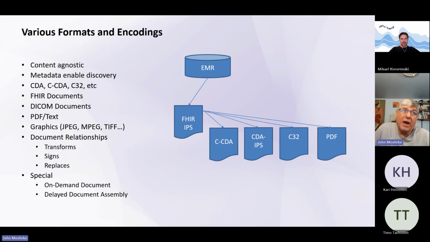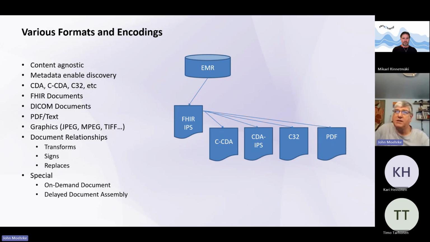I very much recognize this: I've got developers who understand CDA, I've got code that does CDA, none of them understand FHIR, so I'd rather have a CDA version. So you could have your dominant be CDA IPS and then create a FHIR transform of that, if you want to do it that way. Either way is fine. If they need CDA, they can retrieve CDA. If they need FHIR, they can retrieve FHIR.